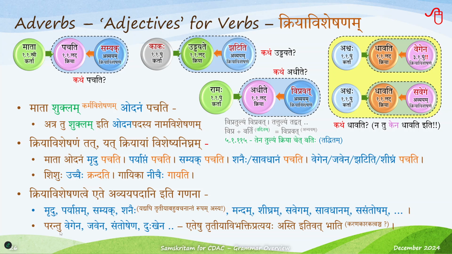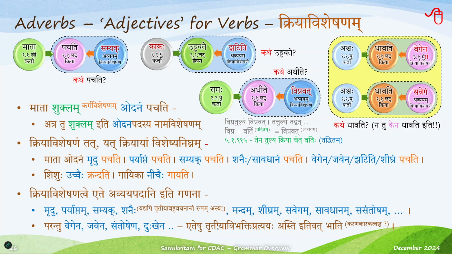Parantu vegena, javena, santoshena, dukkhena, eteshu tritiya vibhakti pratyayah asti itivat bhati. It's as if, because we have dukkha in other declensions available. So it's not that it's not present in other forms, but it is a Tritiya Vibhakti usage of Kriya Visheshana, kind of thing.